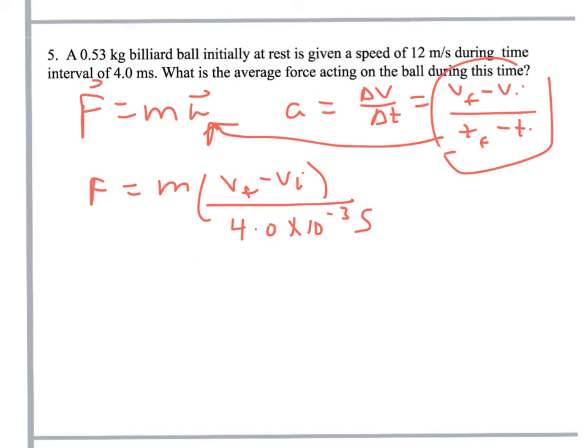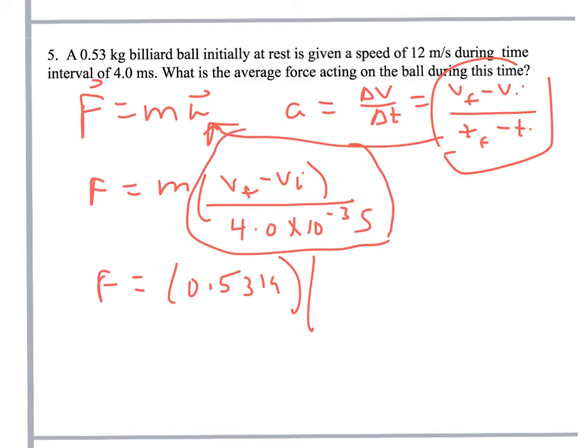Actually, I'm not going to erase anything. We're just going to go down here, and our mass is 0.53 kilograms, and then our final velocity minus our initial, this whole part right there, this calculates right here.